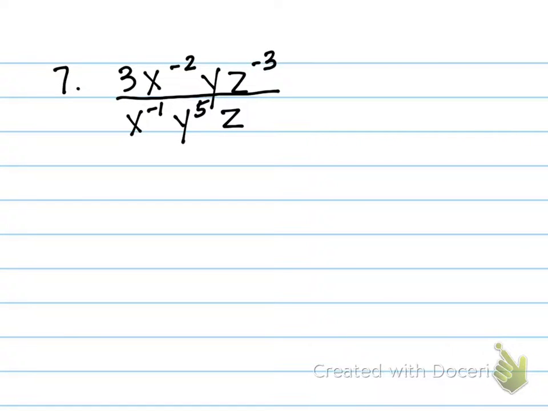Okay, here what I like to do, so I have exponents negative here, here, here, and that is it. What I like to do is I like to go ahead and switch first, meaning I like to switch my exponents to become positive, so I flip, and then I simplify.